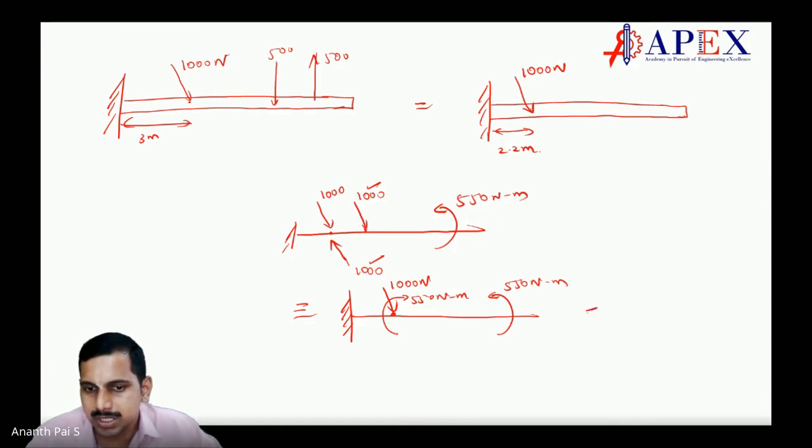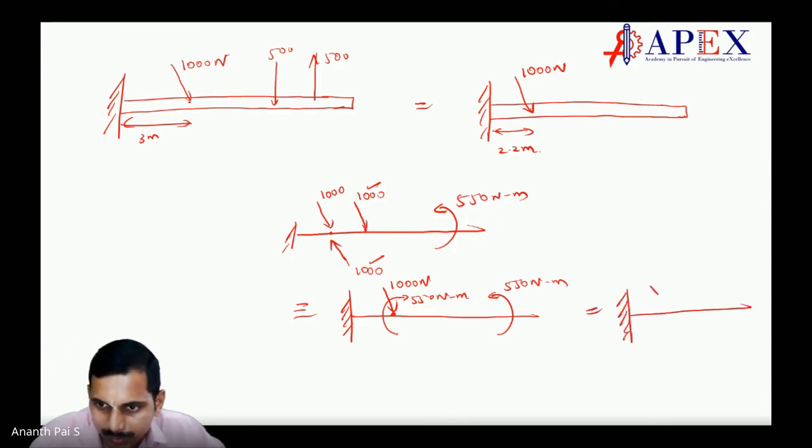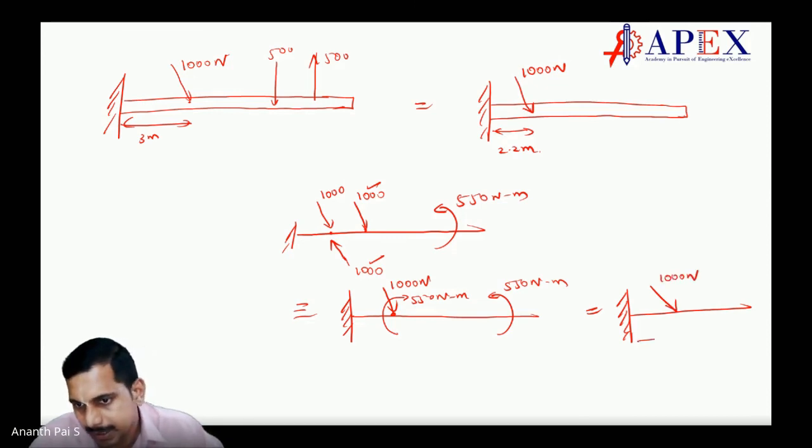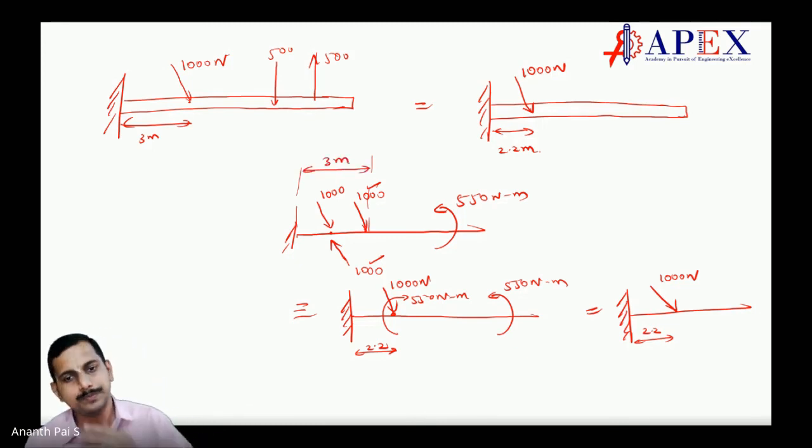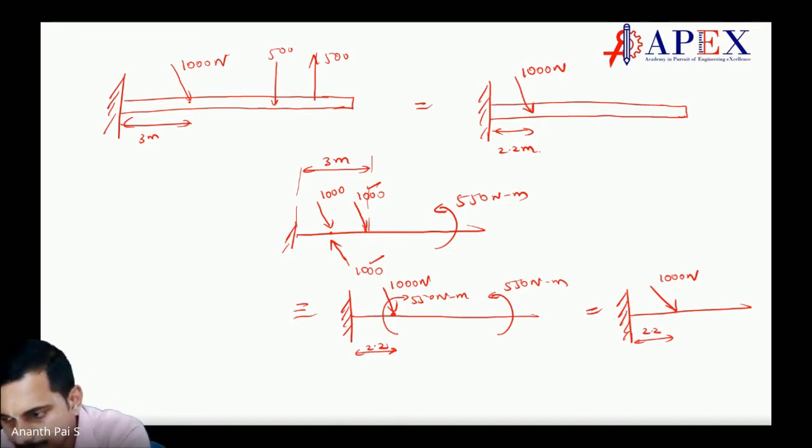So this is equivalent to 1000 Newton at a distance of 2.2. This distance over here, this distance was 3 meters. Make sense? Yes, sir. Clear?